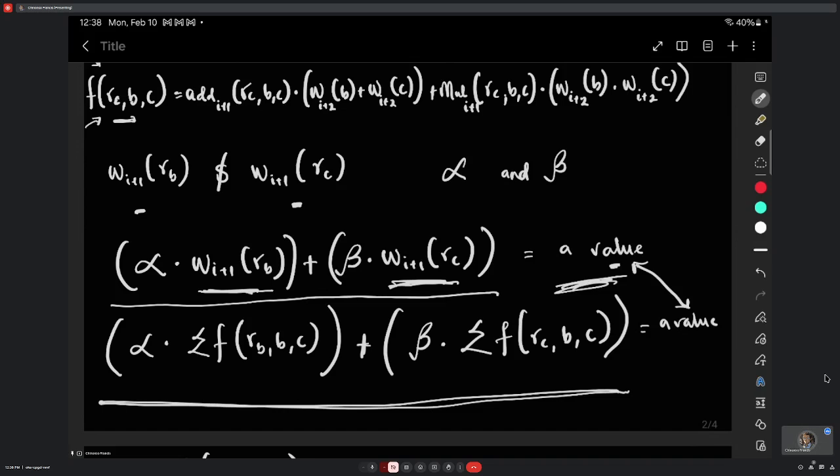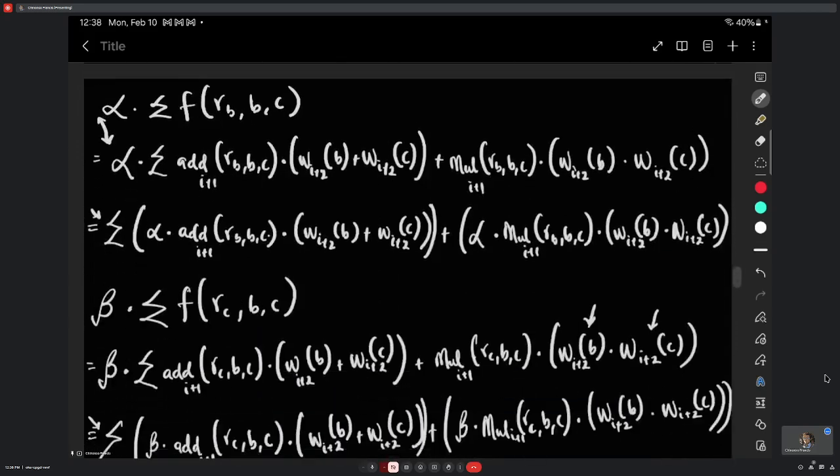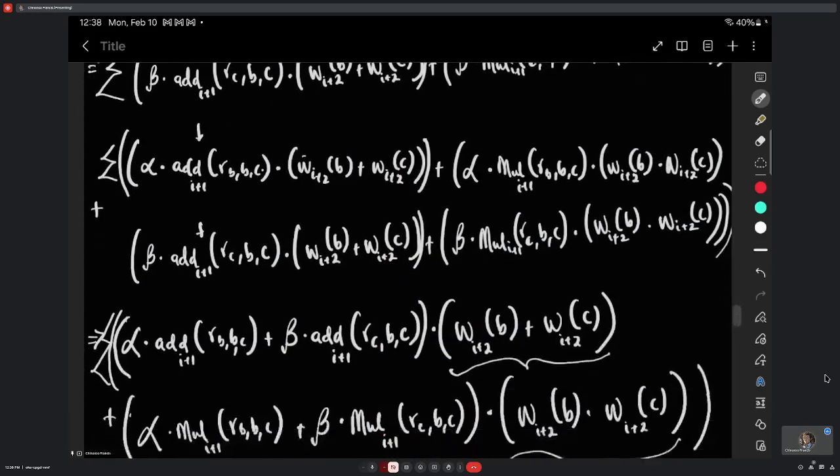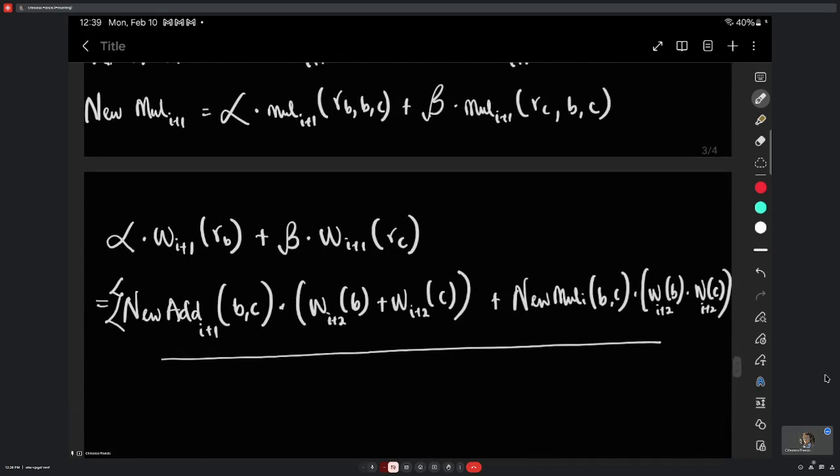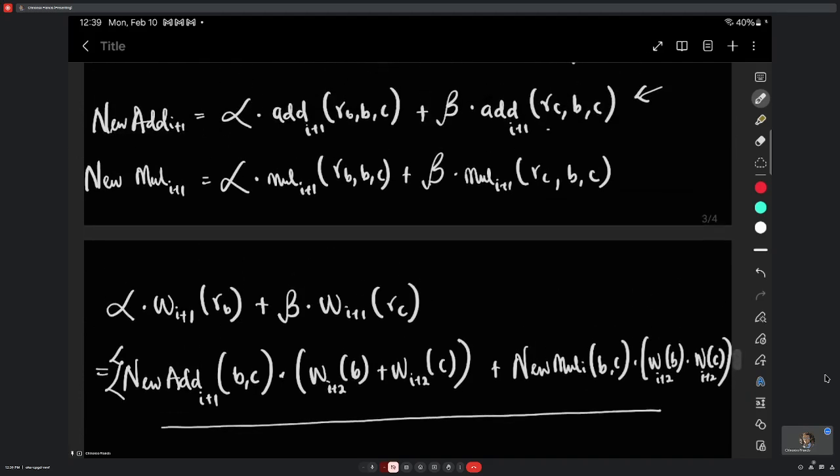You said alpha and beta are random values. Yes, random values. Can you scroll down?